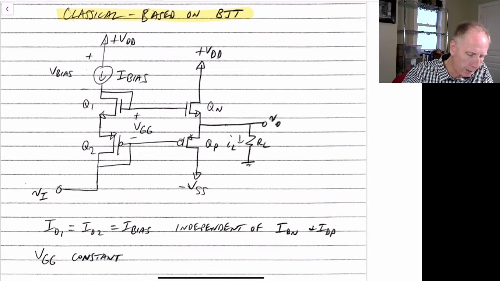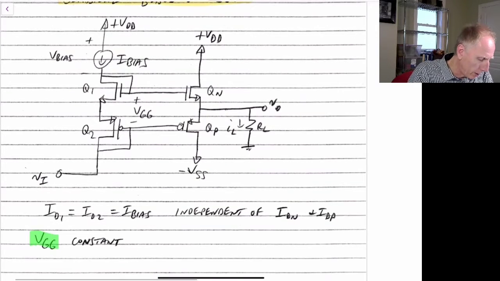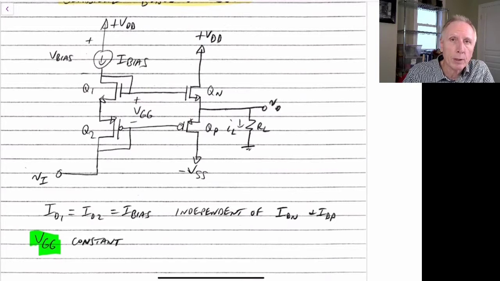So it's independent of the amount of current that we happen to draw through QN or through QP, so we don't have to worry about that effect that we had in the bipolar case. That also means VGG will be constant, independent of how much current we're driving through QN and QP, our actual power transistors.